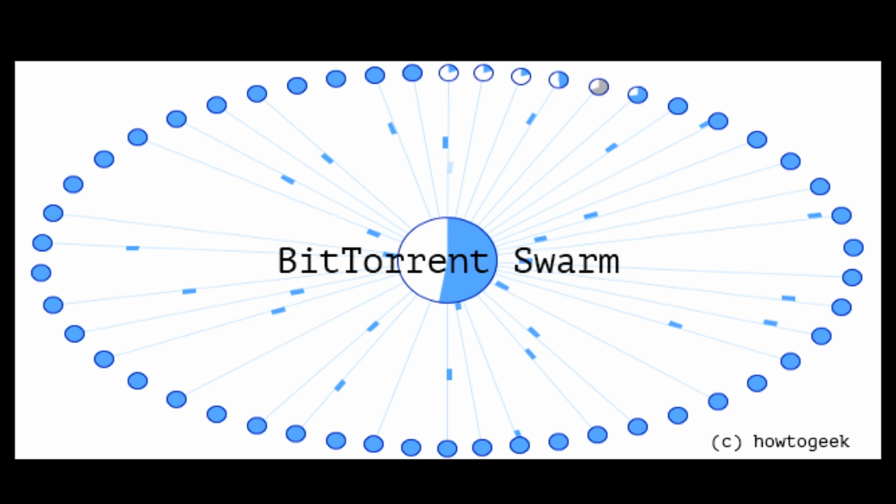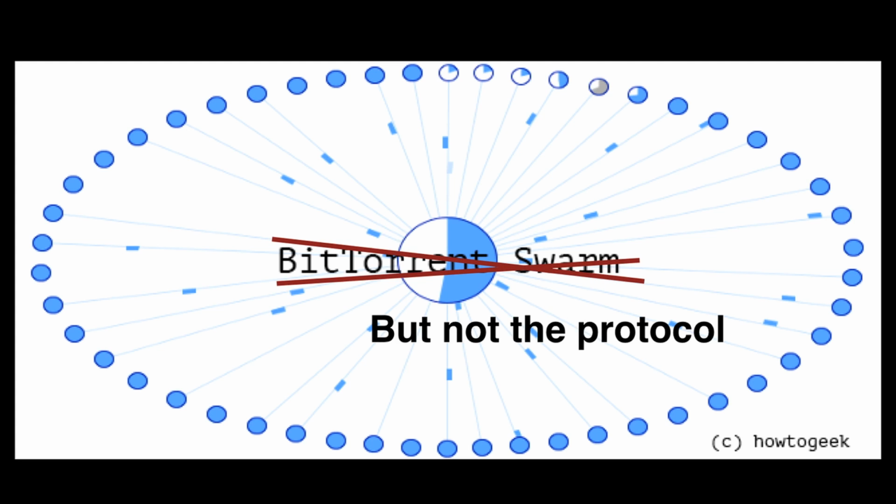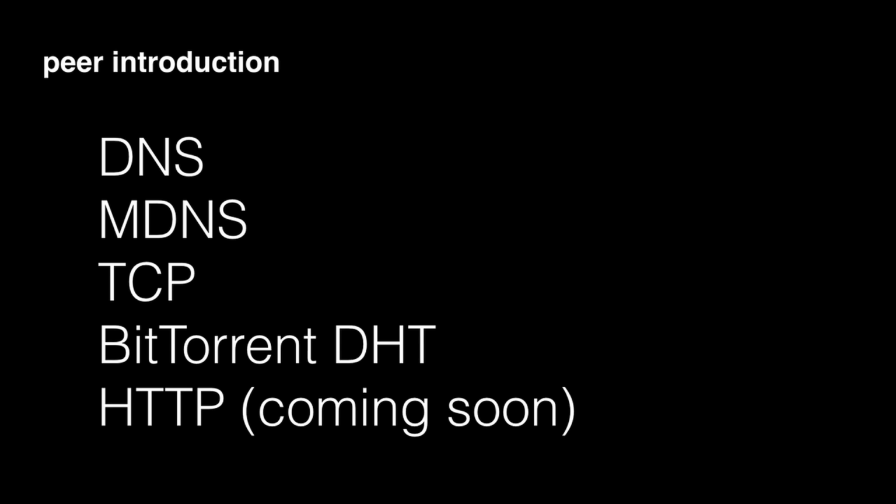It's actually really similar to BitTorrent. It's almost exactly like BitTorrent, but we don't use the protocol of BitTorrent. We actually just built a new one, more efficient for a variety of reasons, which I'll go into in a minute. So the way that we do peer introduction, BitTorrent just does the DHT, but we add DNS, MDNS, TCP, and we're going to add HTTP as well soon.